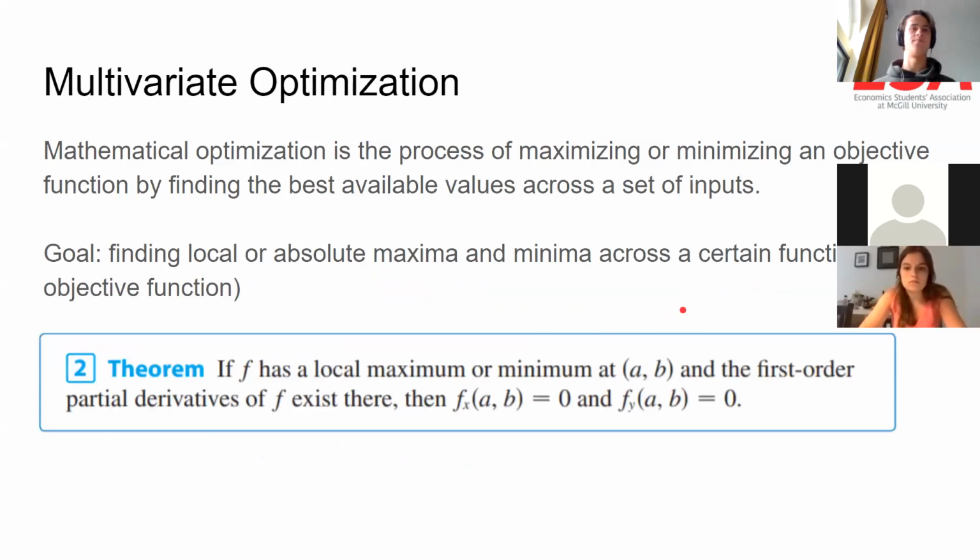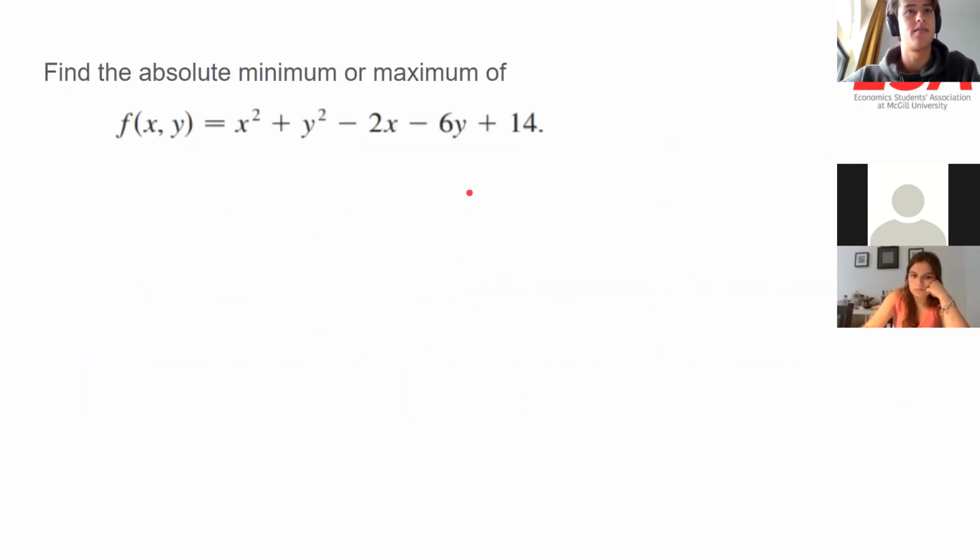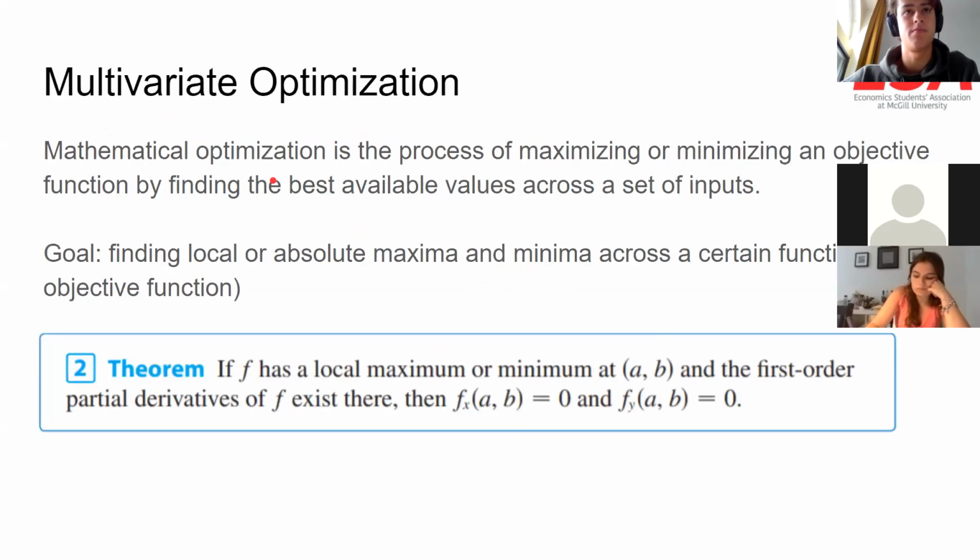All right, so now talking about multivariate optimization. Mathematical optimization is the process of maximizing or minimizing an objective function by finding the best available values across a set of inputs. So the objective function will often be expressed in terms of f. This, for example, is an objective function.